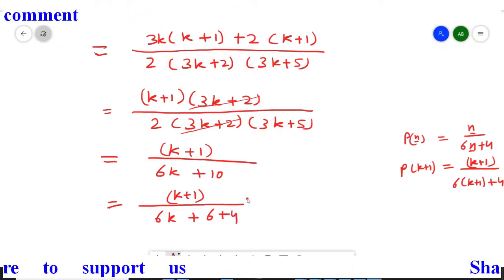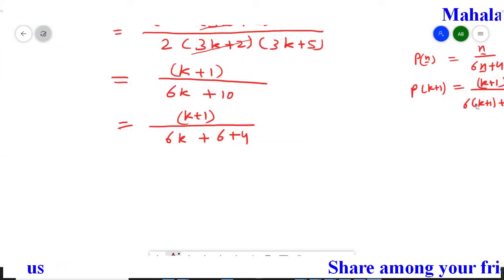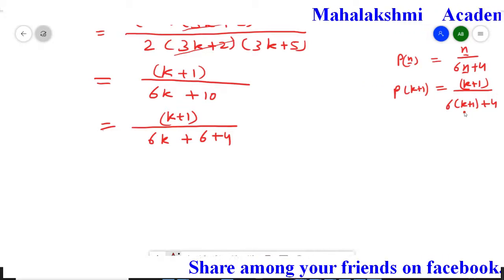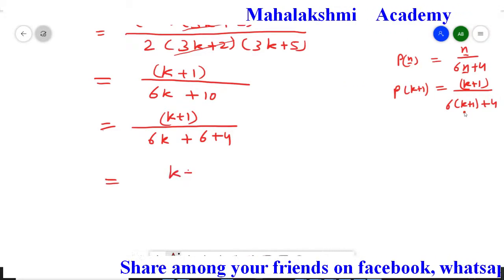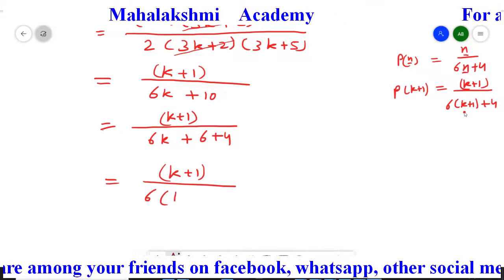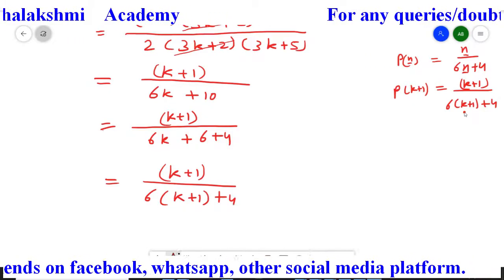And now just take 6 common from these two terms, that will give us this answer. So I am going to write here numerator as it is, and from the denominator I am taking 6 common, so I remain with k plus 1 plus 2. So that is our desired answer.